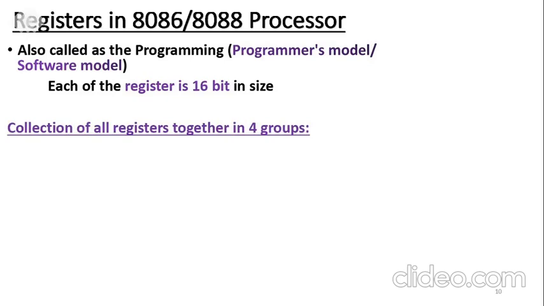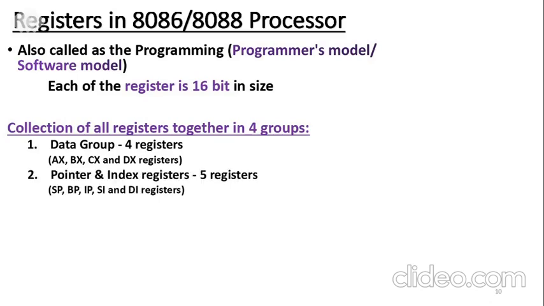Then here, the collection of all registers inside these two processors are categorized in total 4 groups. First group is a data group of registers which contains 4 registers, each of 16-bit, and these registers are namely AX, BX, CX and DX register. Then the second group is pointer and index register.